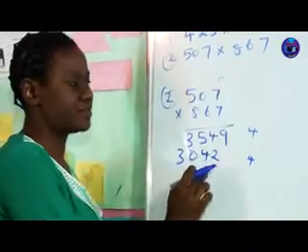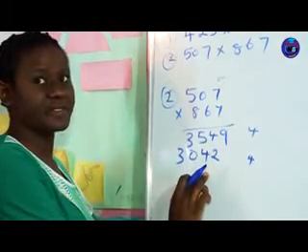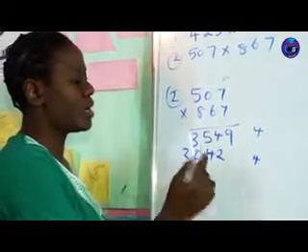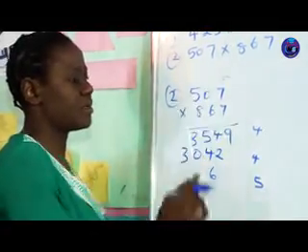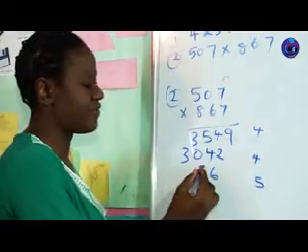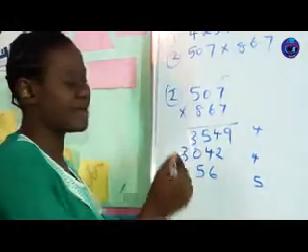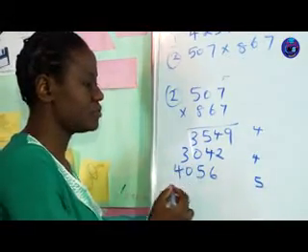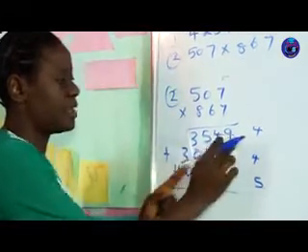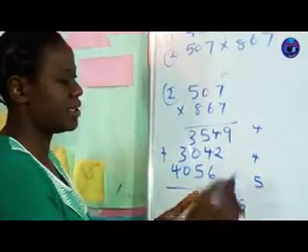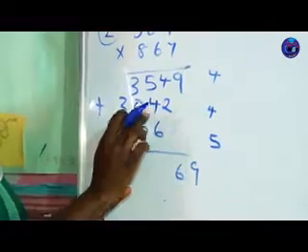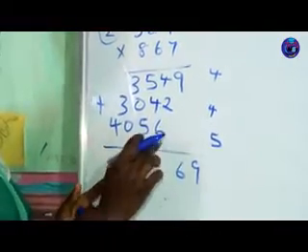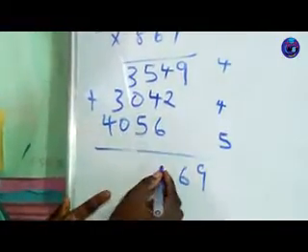8 times 7, 56. Now I'll write 6 and lift 5. 8 times 0, 0 plus 5, 5. 8 times 5, 40. Now I add up. 9 plus 0, 9. 4 plus 2, 6. 5 plus 4, 9. 9 plus 6, 15.